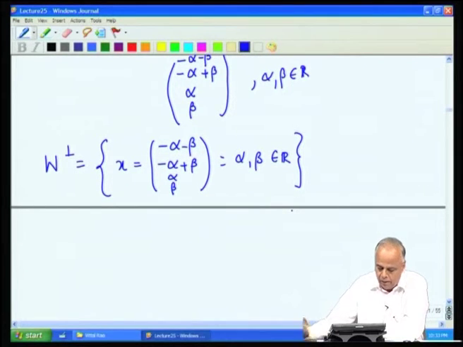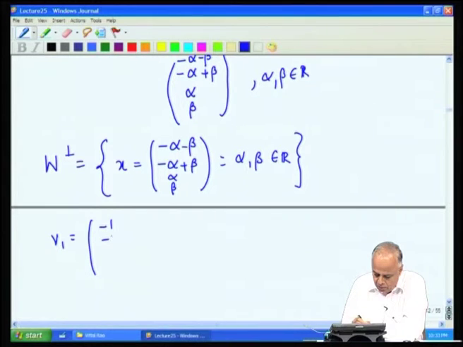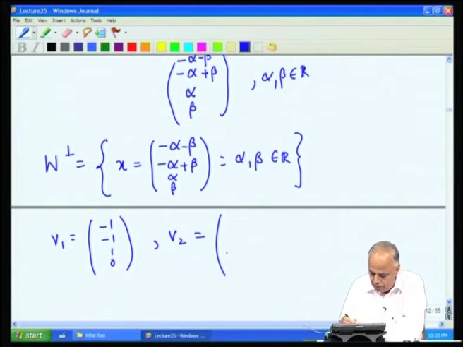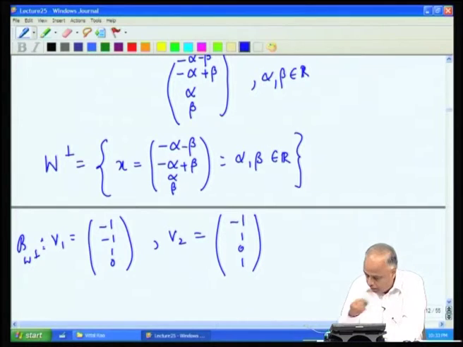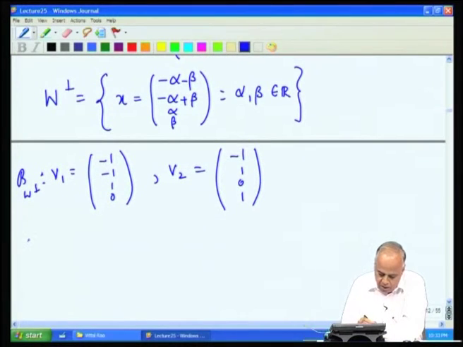Clearly again, taking alpha as 1 and beta as 0, we get the vector v1, and alpha as 0 and beta as 1, we get the vector v2, and that will be a basis for W perp.